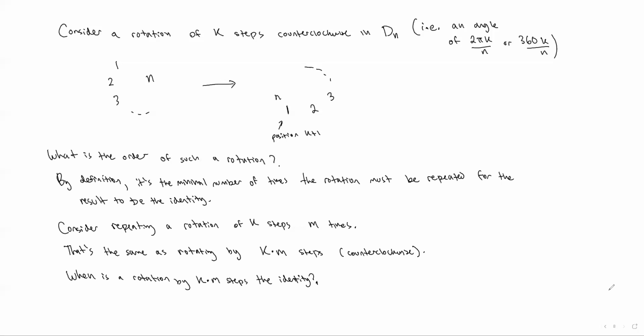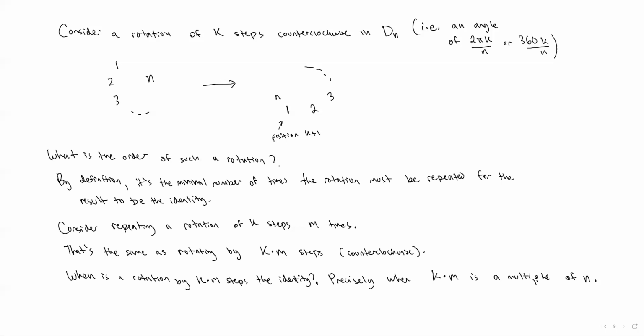It's when the number of steps is divisible by n, because there's n positions in total. If you rotate by n steps, you get back to where you started. If you rotate by 2n steps, you get back to where you started, and so on. So it's precisely when k times m is a multiple of n.